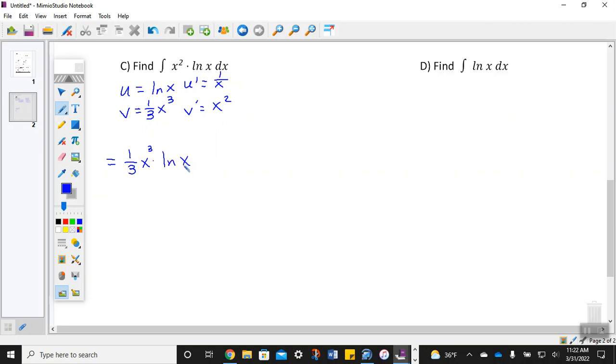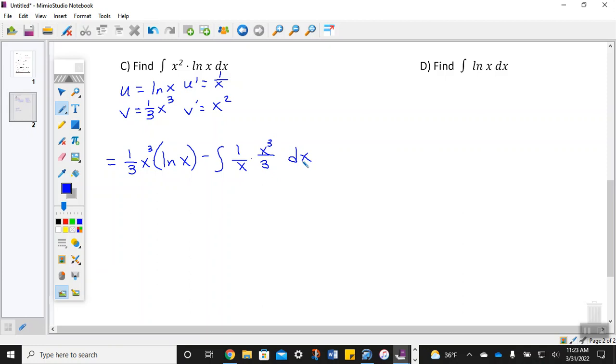That's the uv part then. Are you okay on that? Okay, so I've got this part. And then this is minus the integral of u prime times what? What's u prime equal? 1 over x. Okay, 1 over x times really x cubed over 3, right?